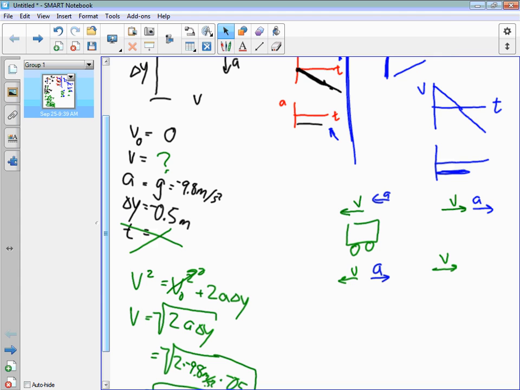Still that way, and then this way. In that case, I'm moving in one direction, I'm accelerating in the opposite direction, I'm slowing down, but I'm moving in the negative direction. So does that mean I'm decelerating even though my acceleration is in the positive direction? And your head explodes.